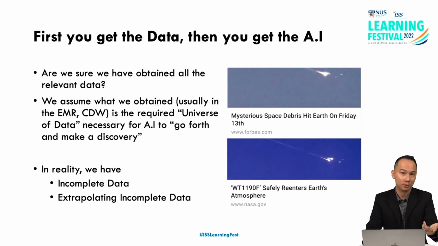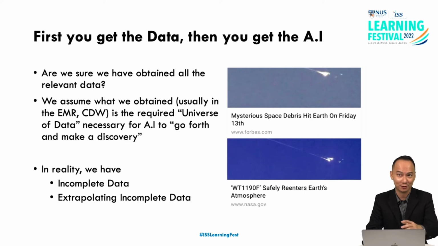So when we have incomplete data and we try to extrapolate, you have a situation where things are not as accurate as they should be. To illustrate, I have a cutting which I've taken off the internet. It's from two different sources. One is from Forbes, and the other is from NASA, describing the same event.